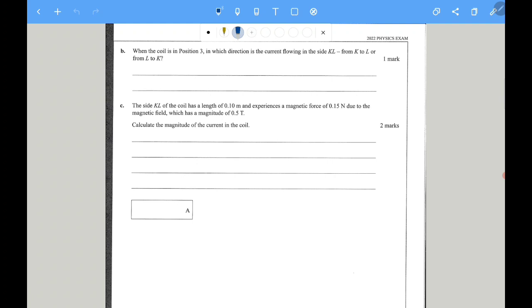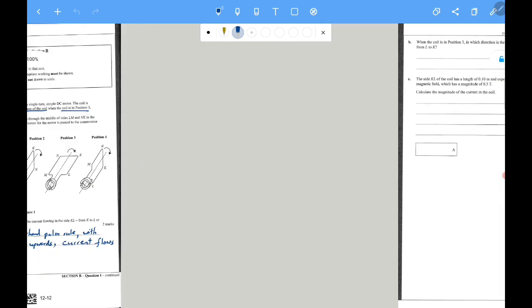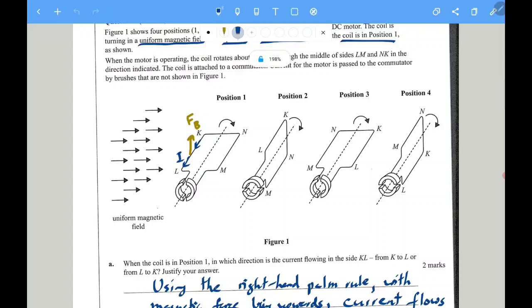When the coil is in position 3, in which direction is the current flowing in the side KL? We are asked to state that. So in position 3, our magnetic force has to be pointing downwards, so our palm has to be pointing downwards. Our fingers are still to the right.